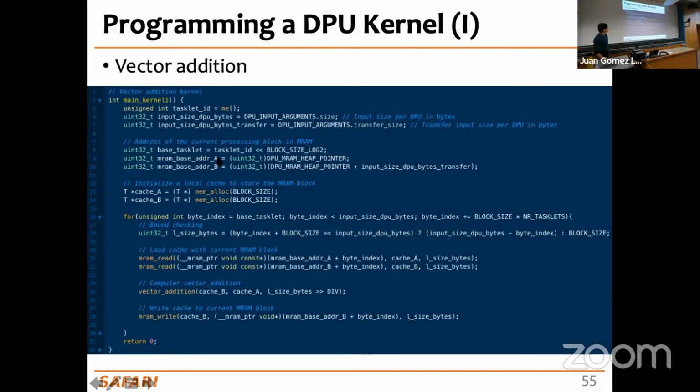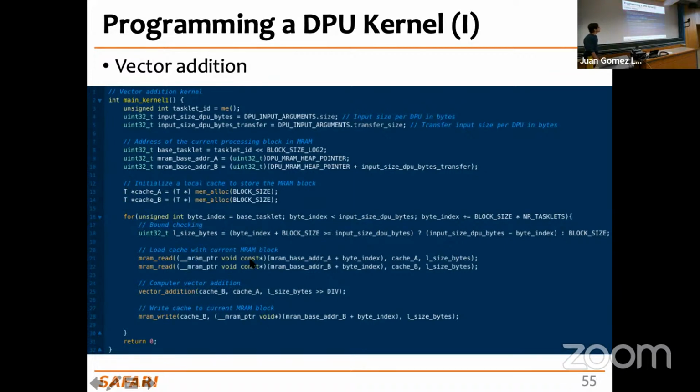Observe that we are obtaining some addresses for A and B. Remember that we placed buffer A at the very beginning of the MRAM, the address of which is given by this MRAM heap pointer. And after that, we place the array B, the buffer B. So that's why we are adding this offset here. And then there are more things, so let's go one by one.